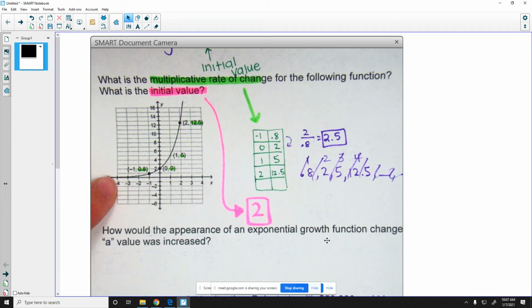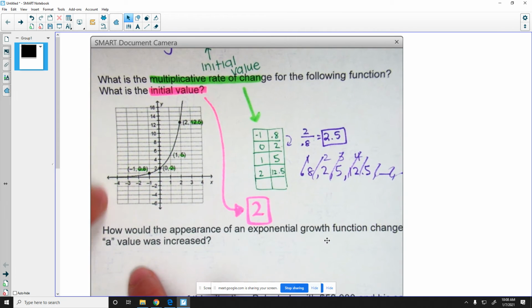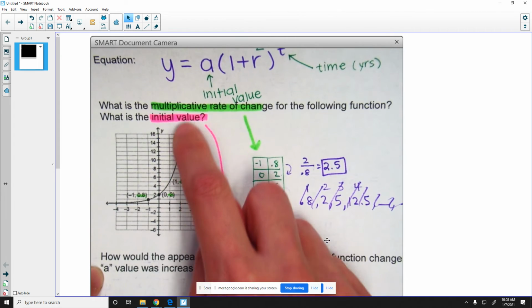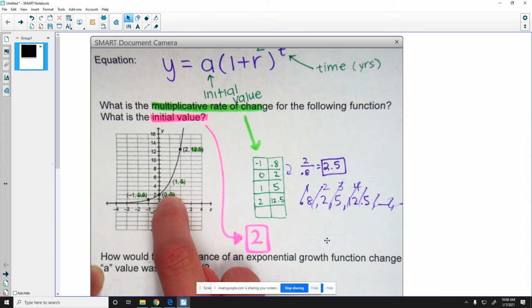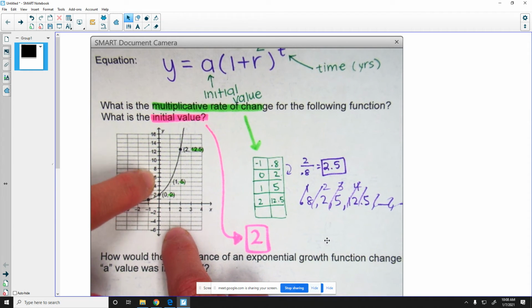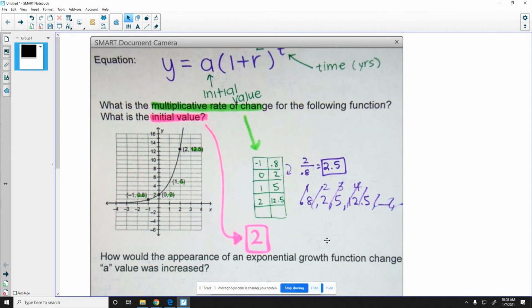The y-intercept would be higher up on the line. Yeah, like your whole picture would just move up, right? If A stands for initial value, and initial value just means y-intercept, it's asking if your y-intercept moved up, how would your picture change? That means your entire picture would just shift up.